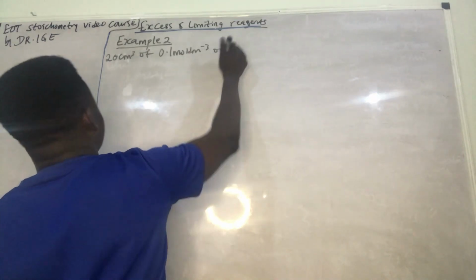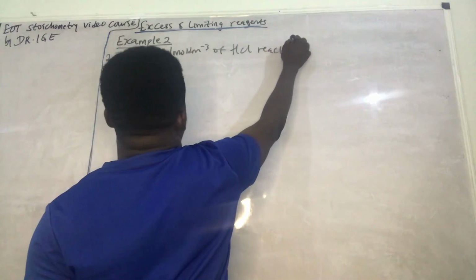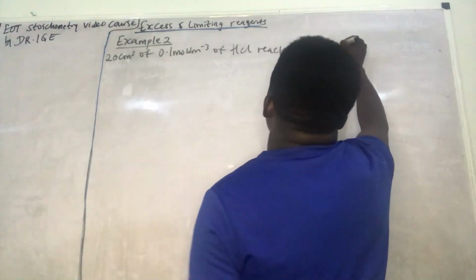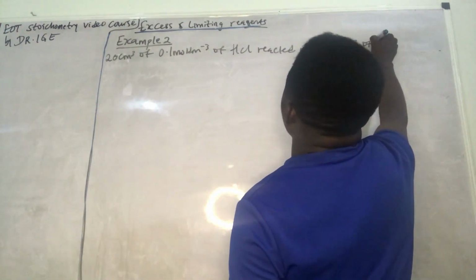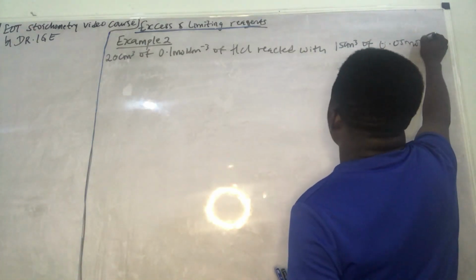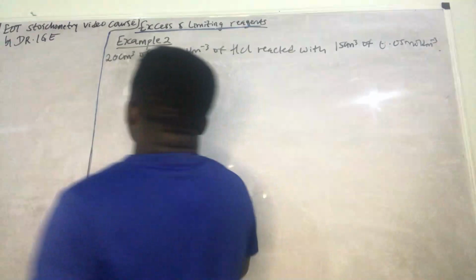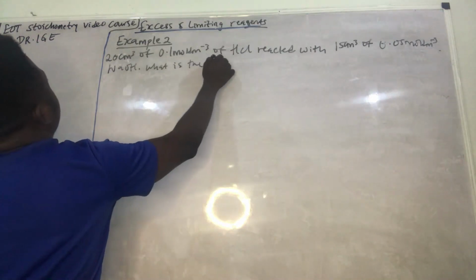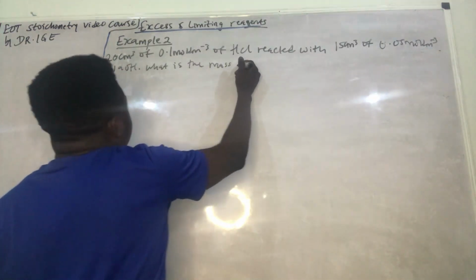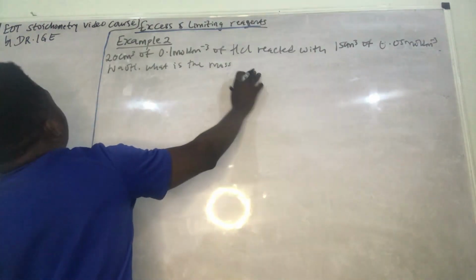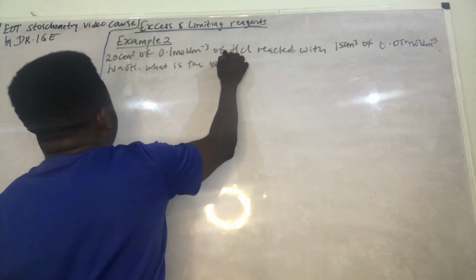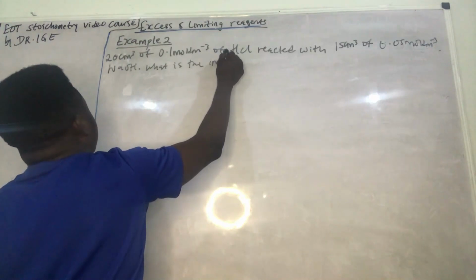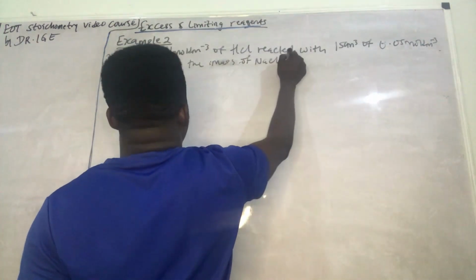We are paired with sodium hydroxide. What is the mass of sodium chloride formed?